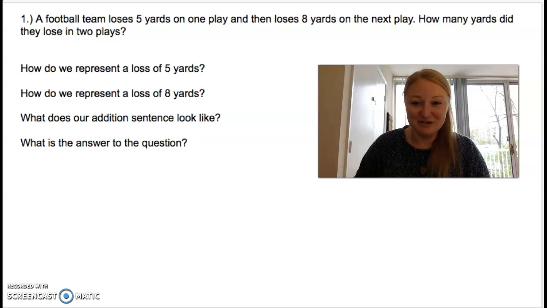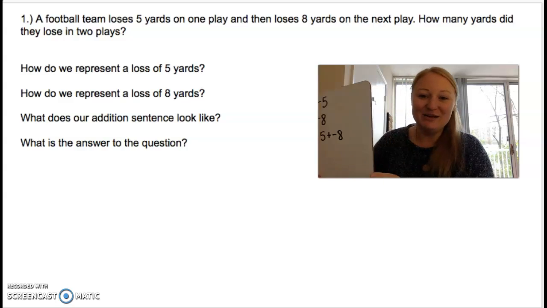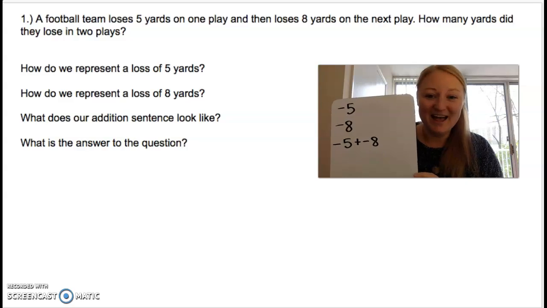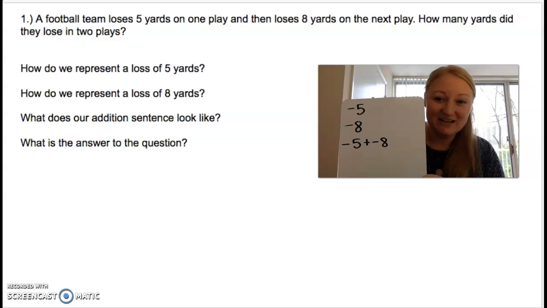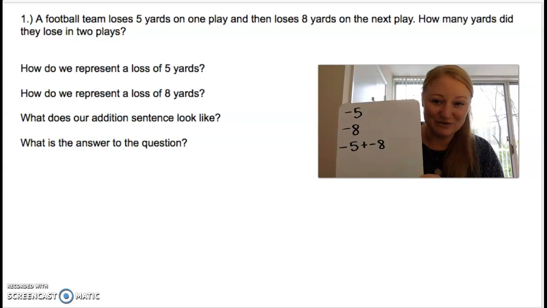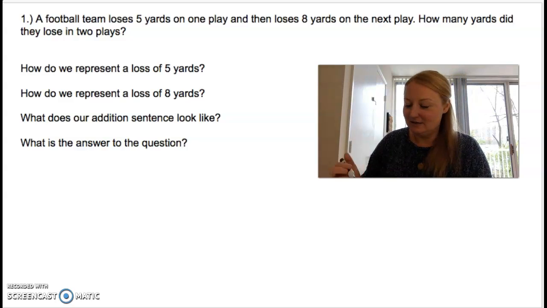So what's the answer to the question? Well, I know in my problem that both integers have the same sign, so they're both negatives. So I can add 5 and 8, and I'll get 13. And I'm going to keep the same sign. If I'm adding and I have the same sign, my answer to the question is also going to have that sign.